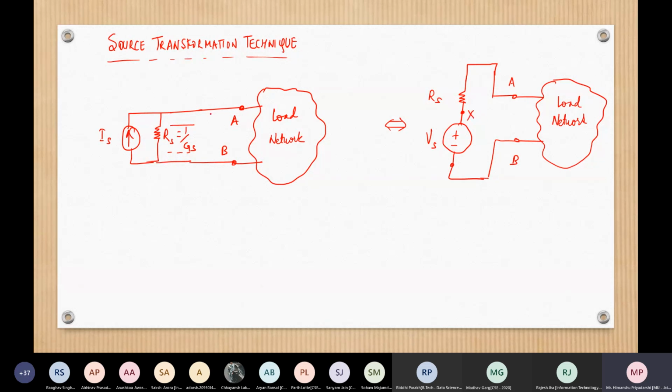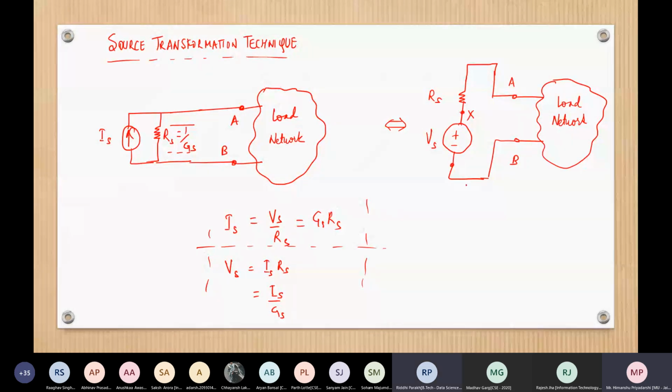Here we had only two nodes if you look from A and B, but now you have an extra node X. So source transformation says that Is is equal to Vs upon Rs and Vs is equal to Is into Rs, or Is upon Gs. This is the source transformation technique. The diagram you have to remember properly, and please be mindful that there is an extra node being introduced.